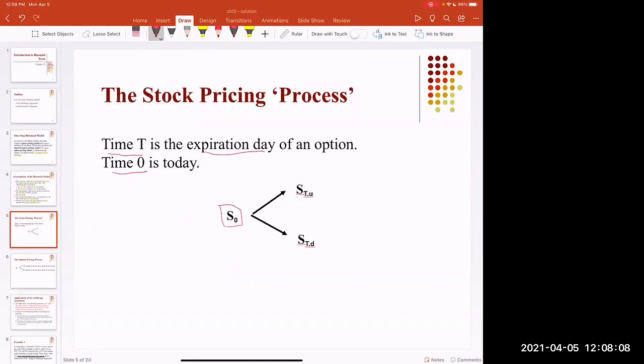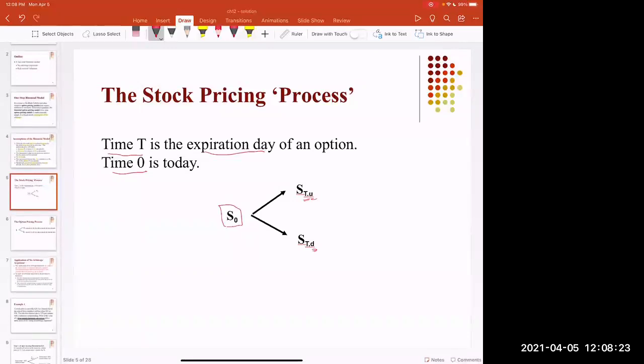S_T^U means the stock price at the expiration date if up, and S_T^D is the price if it decreases at the expiration day. This is the binomial tree for the stock, only for the stock.